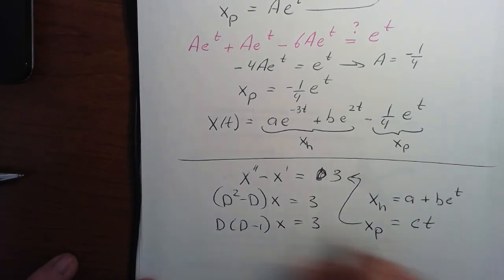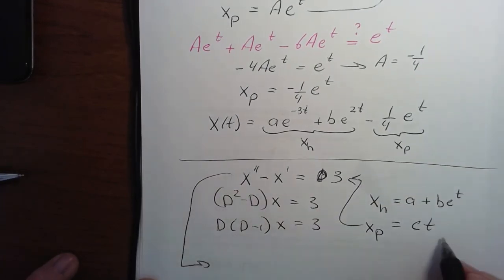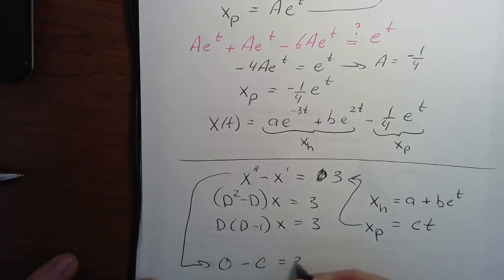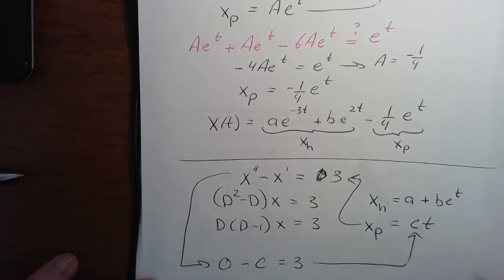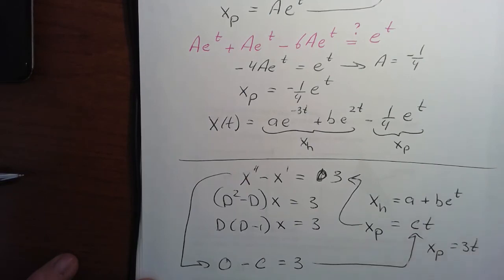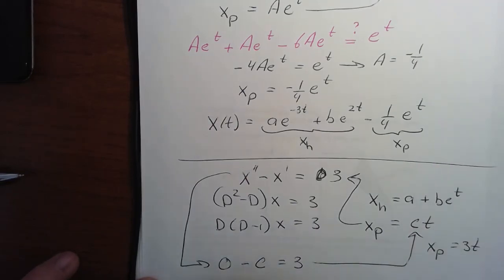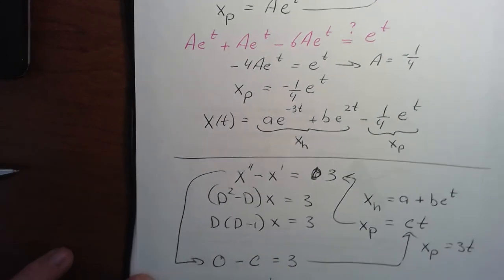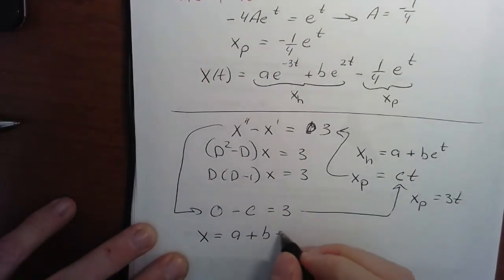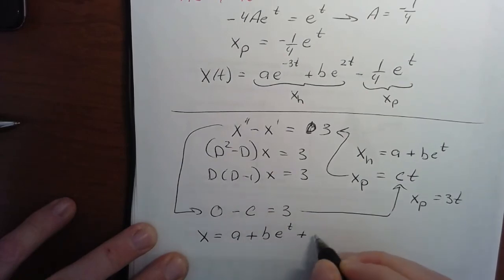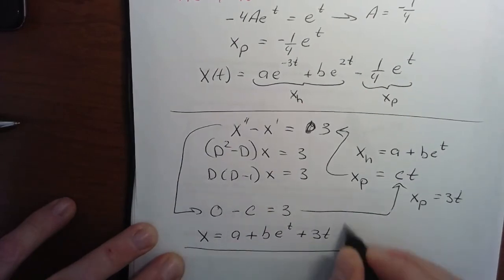I plug it back in. Two derivatives of that is 0, minus c equals 3, tells me the value of c. So this is 3t. So my full solution is a plus b e to the t plus 3t.